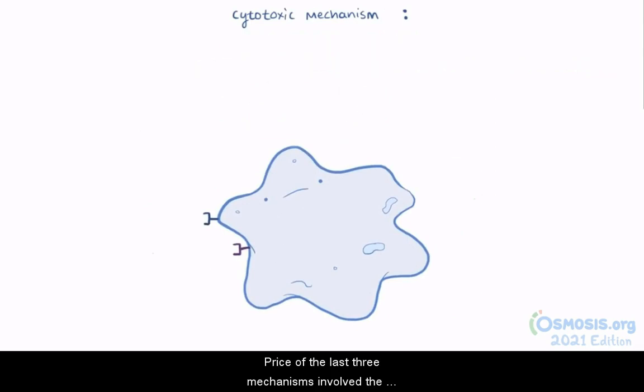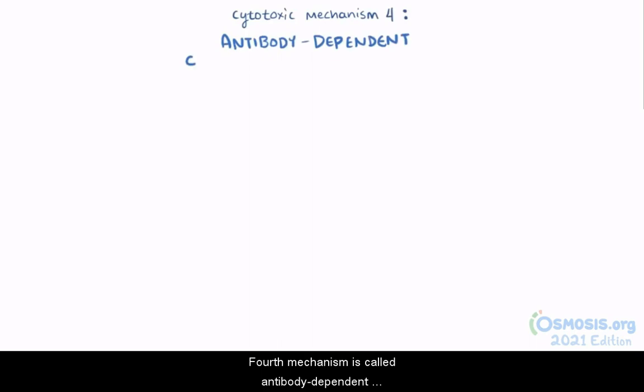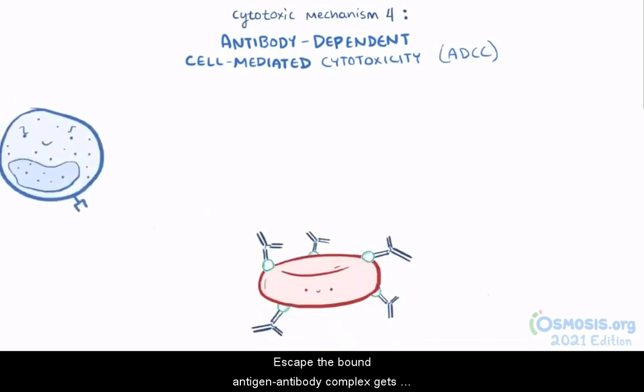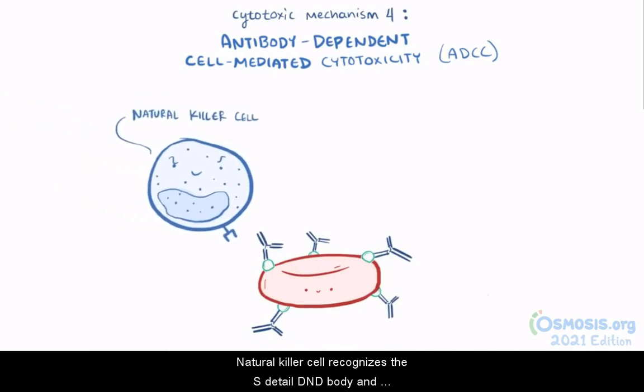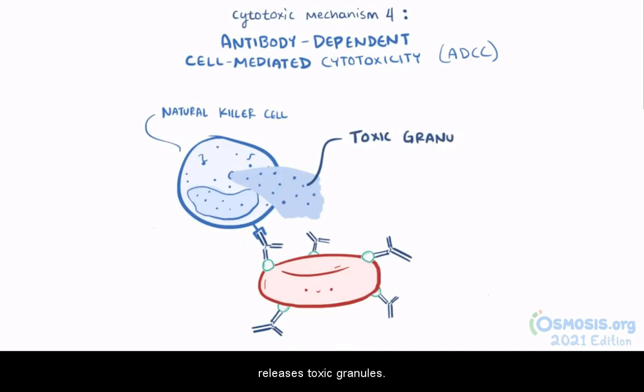Alright, so the last three mechanisms involve the complement system in one way or another. The last couple mechanisms are a little different. So the fourth mechanism is called antibody-dependent cell-mediated cytotoxicity, or ADCC. In this case, the bound antigen-antibody complex gets recognized by immune cells called natural killer cells. The natural killer cell recognizes the Fc tail of the antibody and releases toxic granules.